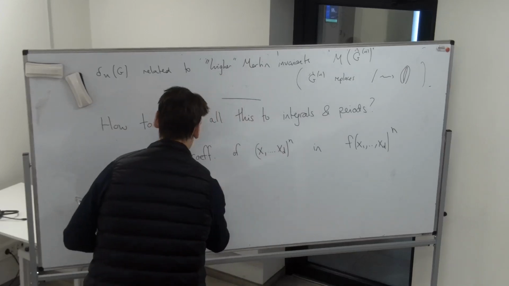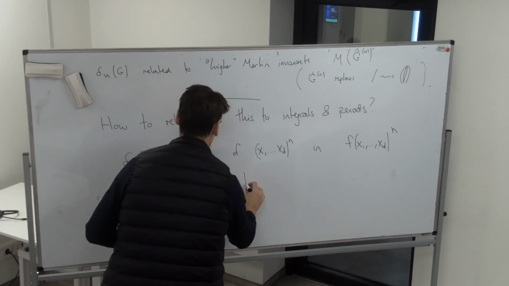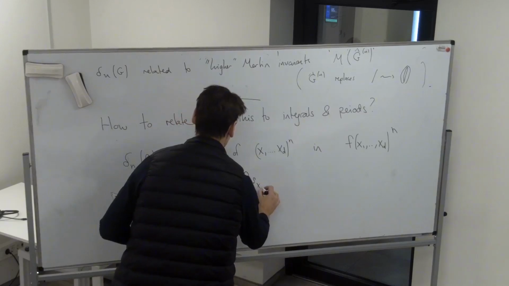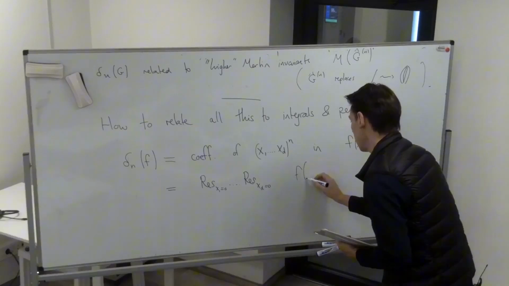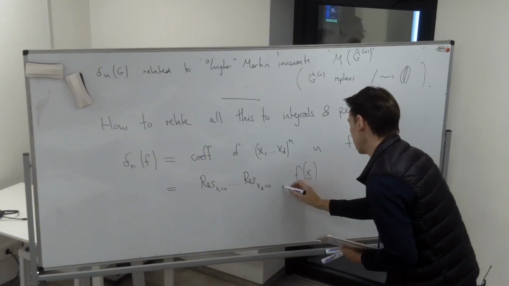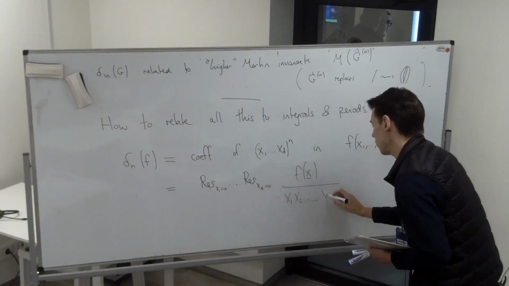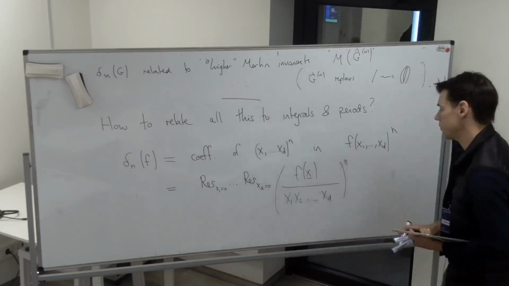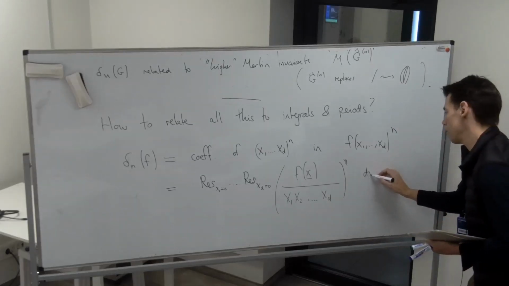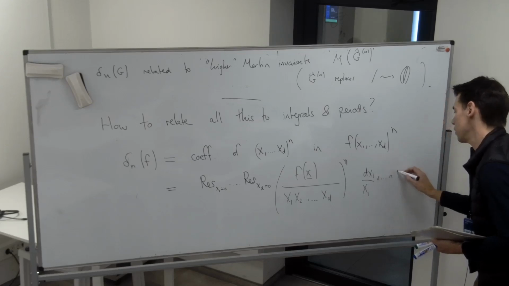And that's the same thing as the residue of f of x to the power n of dx1 over x1 up to dxd over xd.